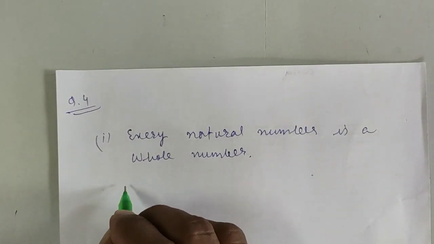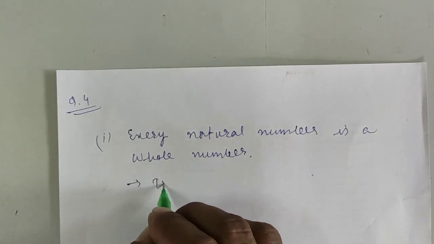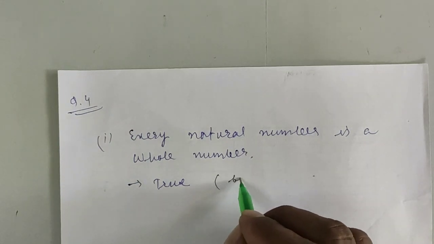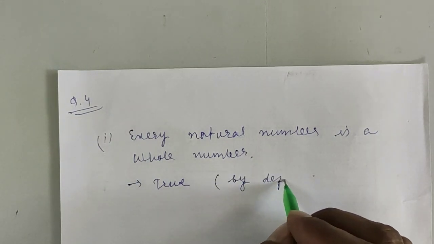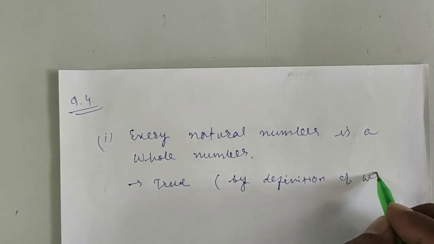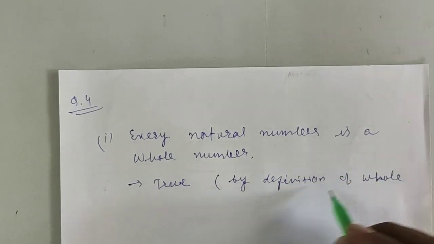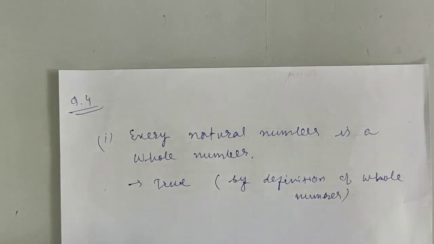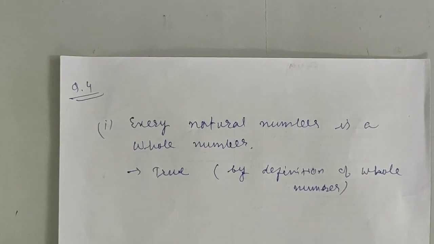Students, this statement is true, right? Because the collection of all natural numbers and 0 is called whole numbers. By definition of whole number, we can say that every natural number is a whole number.